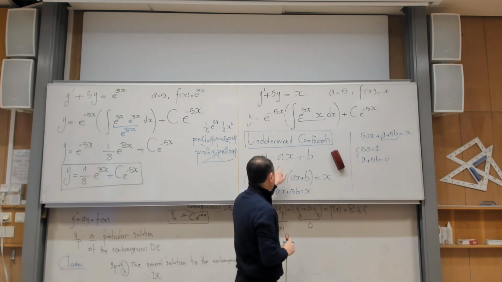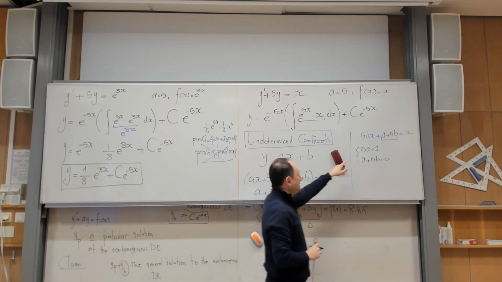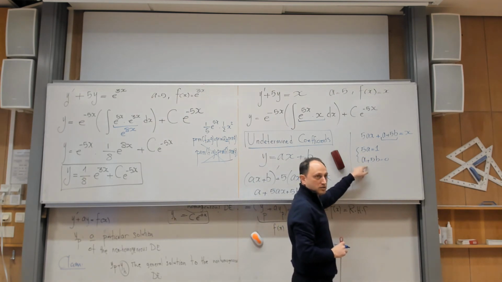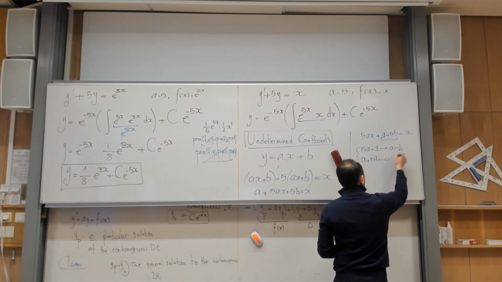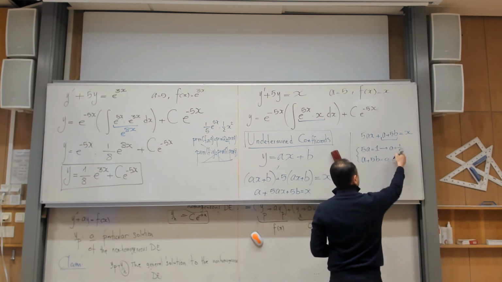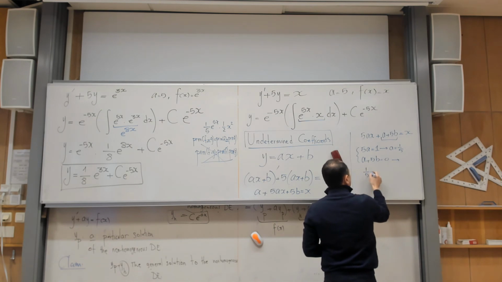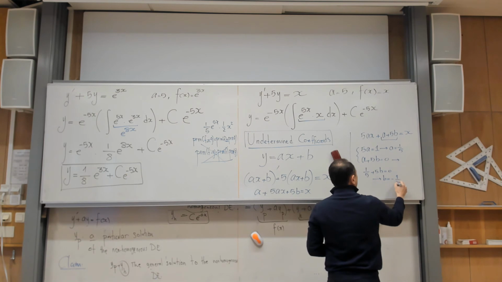Then I set up a system and solve it. So you see, undetermined coefficients give rise to systems of equations, you don't need to guess. Okay? So then it means that a becomes 1 over 5. Then if a is 1 over 5, you put it here, plus 5b is equal to 0, and b is minus 1 over 25.